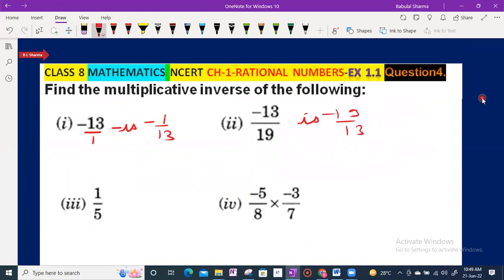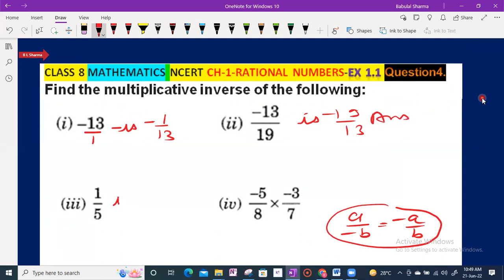Keep one thing in mind: a/-b can be written as minus a/b. Generally we decide the sign from the numerator, so this is minus 19. Its reciprocal, meaning multiplicative inverse, is 5/1. It is not necessary to write 1 as denominator, so 5 is the answer.